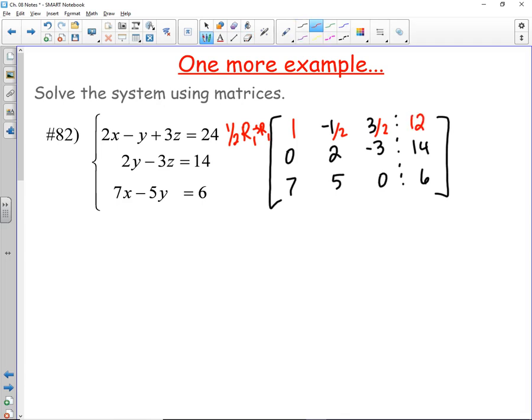So let's check, what would you guys do next? Oh, hey, there's already a 0. Go team. But what about this guy? -7. I need to get rid of him, so I need to do the opposite, -7 times the 1 that's there. So -7, the 1 is in row 1, plus row 3 into row 3.